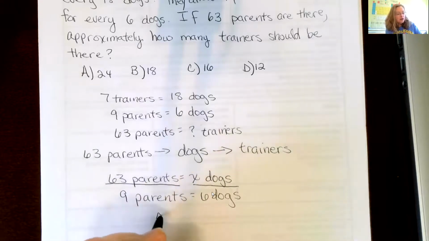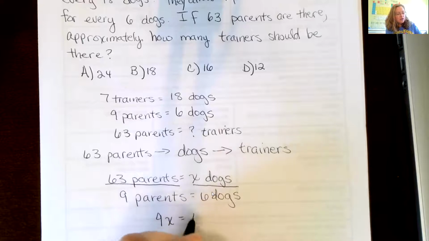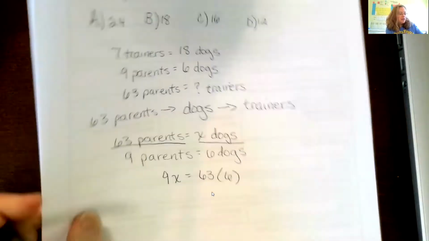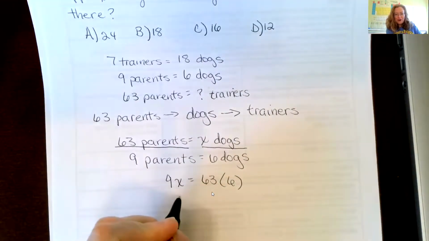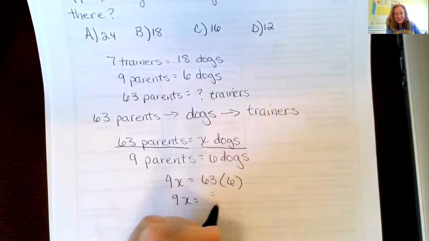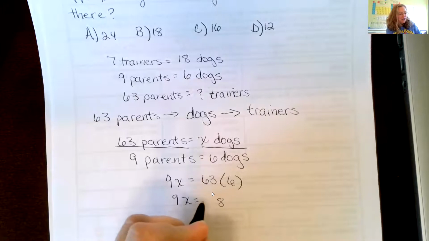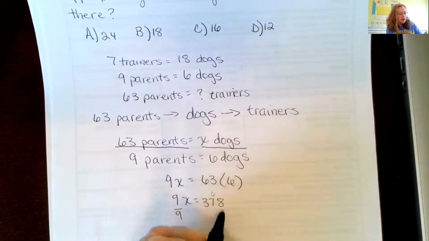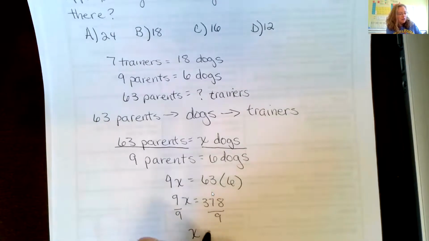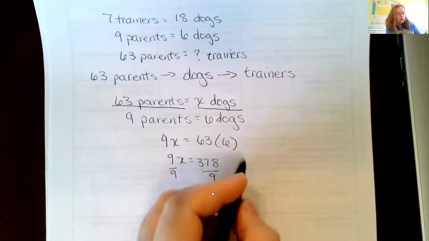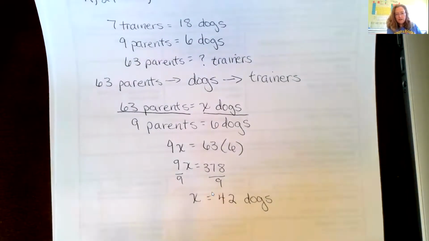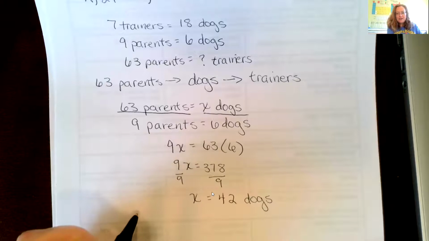Otherwise, you can do 9x is equal to 63 times 6. I have no idea what that is because I did do the 7 times 4. 9x is equal to, carry the 1, 378. And then divide both sides by 9. And x should be 42. Yes, it is. Okay, so we know there are 42 happy, maybe slightly crazy dogs on site.